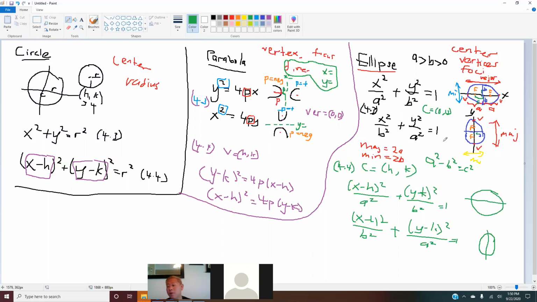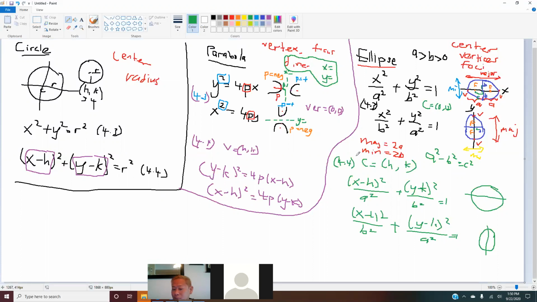So this is how you figure out your ellipses here. It's quite a little bit different and difficult. It's not easy. Are you doing okay here with all this?